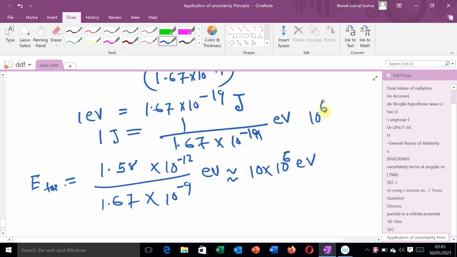We know that 10 to the power 6 electron volt is 1 MeV, so approximately it is 10 MeV.